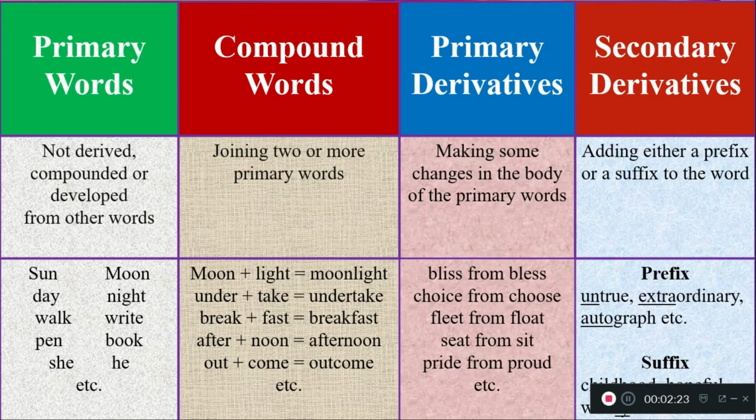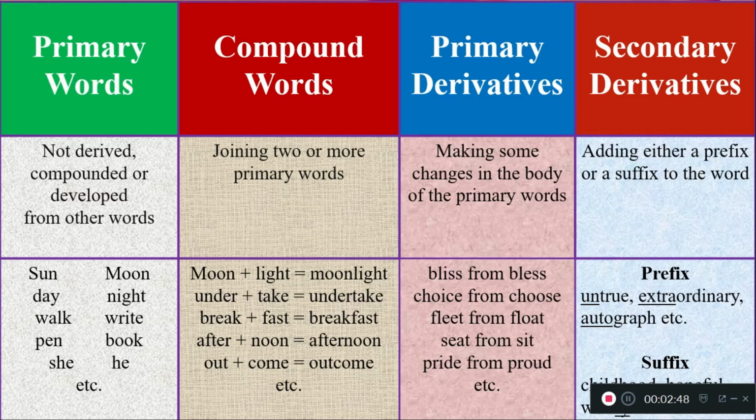Words which are not derived, compounded, or developed from other words are called primary words. Here, not derived means not originated from other words. Not compounded means not joining by two or more words, and not developed means not formed by adding suffixes or prefixes.